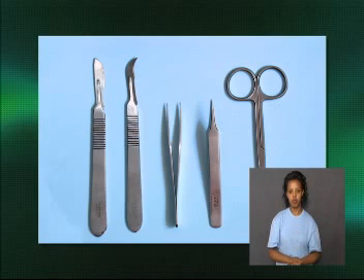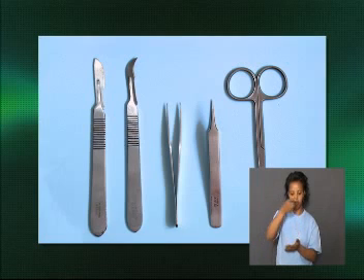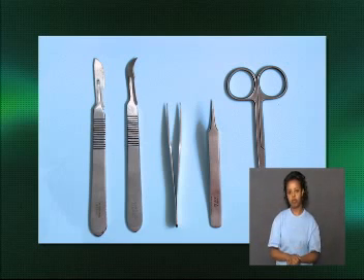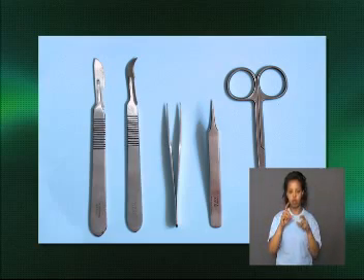The scissors are used for any additional tissue or material that needs to be separated. The tweezers and needles are used to manipulate the specimen. The magnifying glass is used for closer observation.